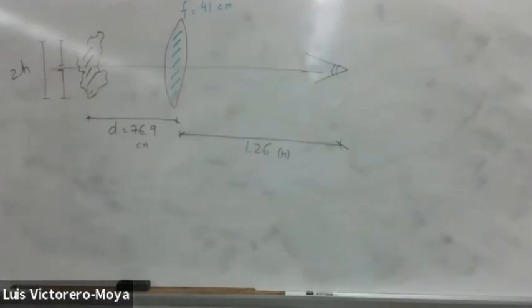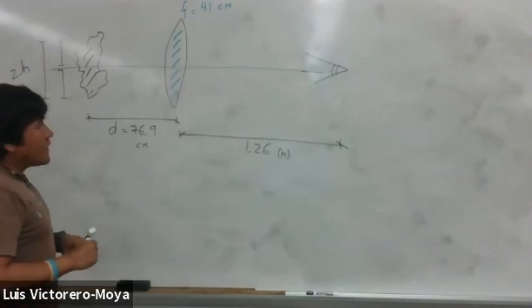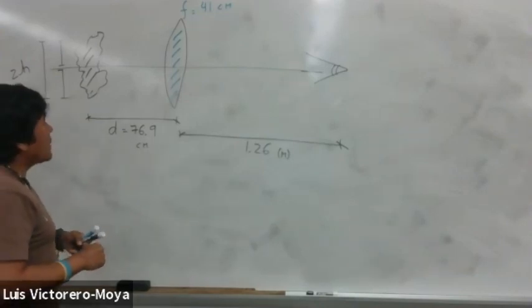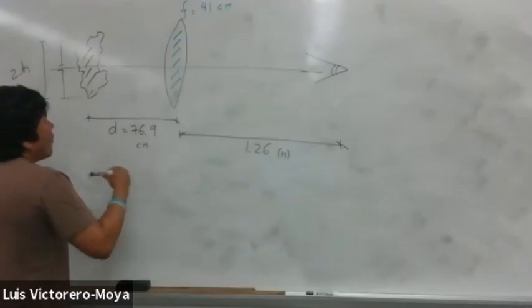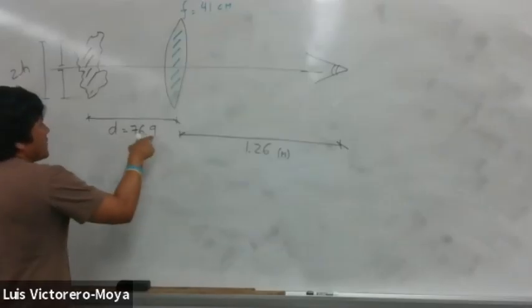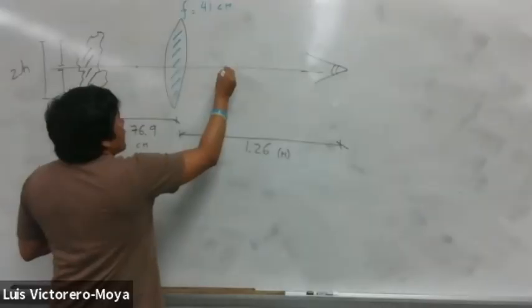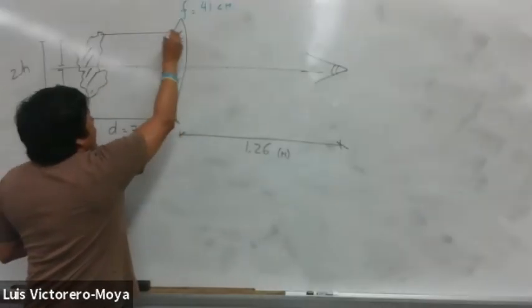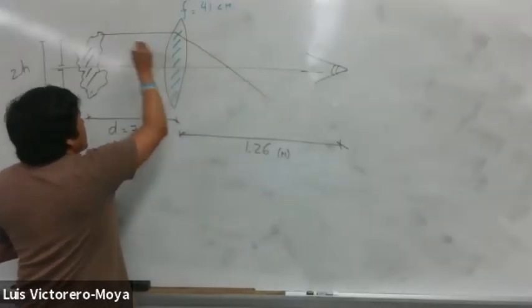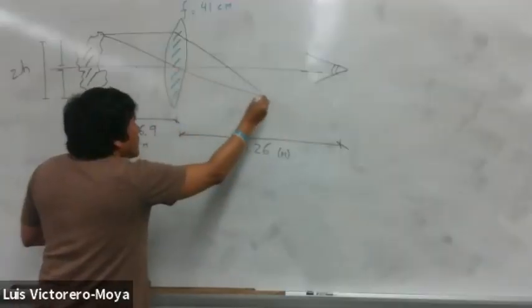Why is that important? Because if that's the case, then we can use our thin lens equation. We know the focal length is 41, and it's approximately half of this.